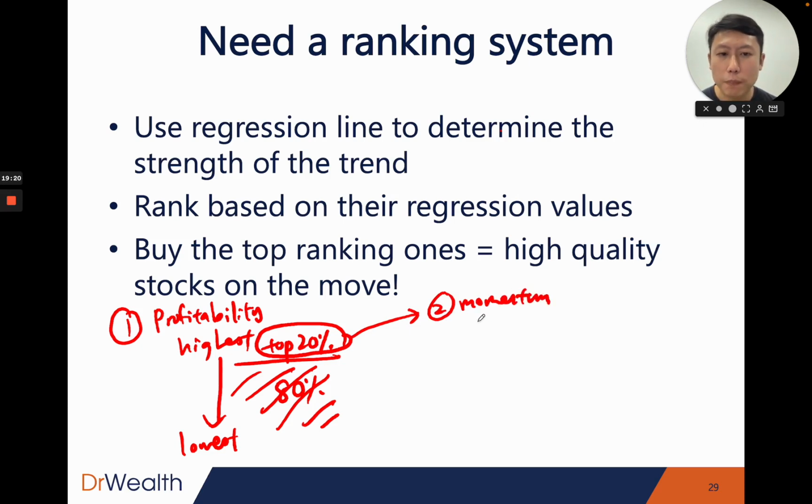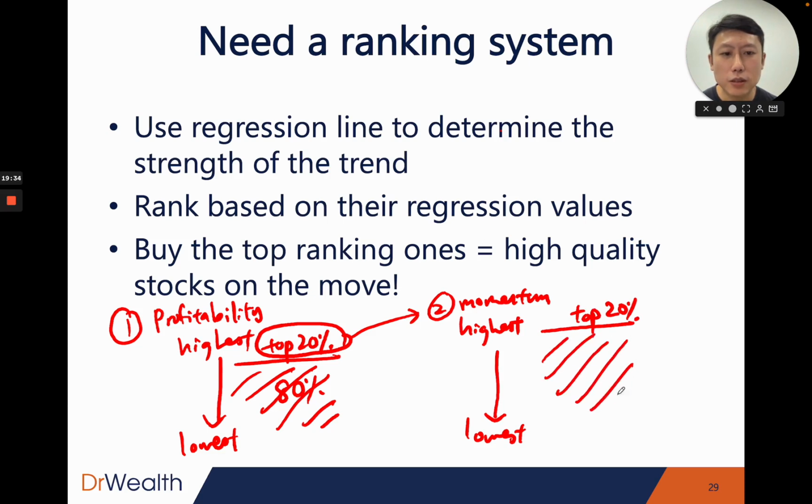because not all high quality stocks will go up all the time, right? Same thing, we rank them using the regression figure from the highest to the lowest, and then we take the top 20%. The rest we just ignore first, because they do not have enough momentum, and these are the ones that are going up.